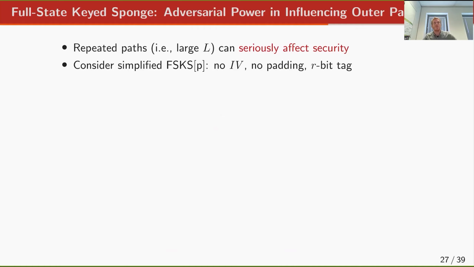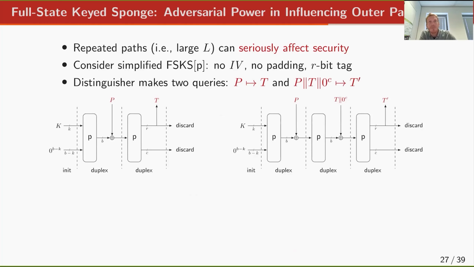So consider the simplified Keyak-Ponch: no IV, no padding, just an R-bit tag. Then you can imagine an attacker that makes two queries. One query has a P of B bits, and it gets a tag, which is the picture on the left. I said no IV, so you have a 0 IV, state initialized with key and IV.